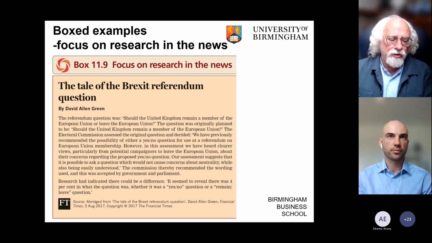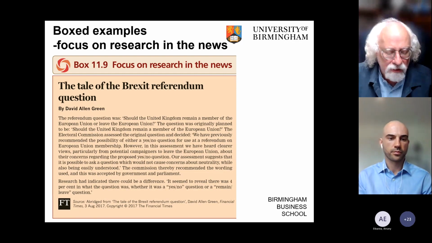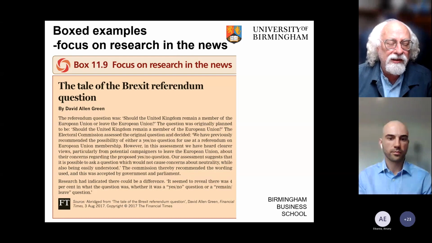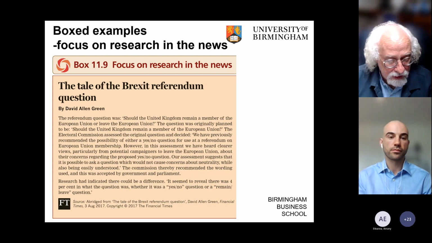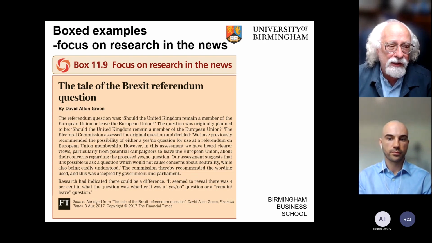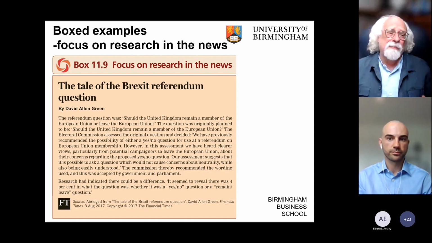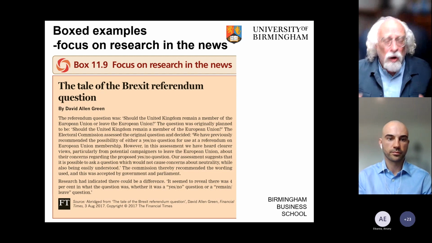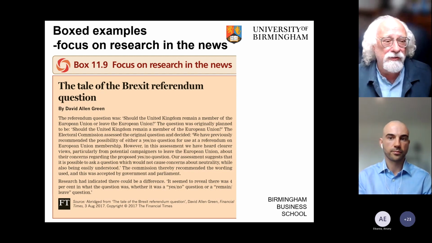And the research shows that that is likely to have made a 4% difference in the answer. Now, when we recognise that it was actually 51.9% who voted for leave, that 4% difference in the answer would have changed it to a 52% vote for remain. So I think this is such a powerful way to introduce why question wording is so important.